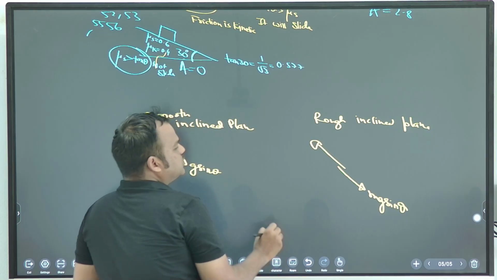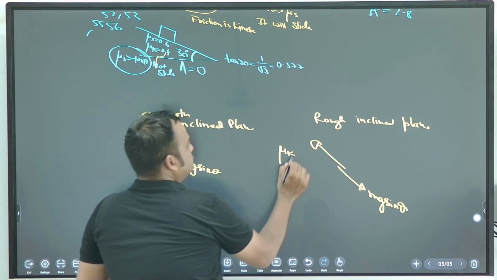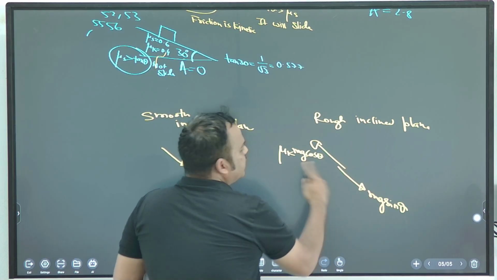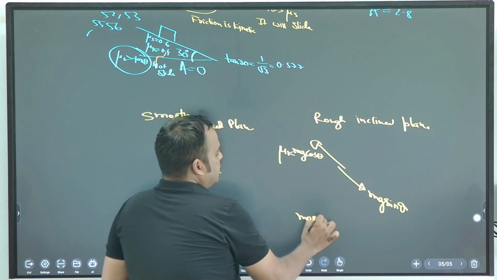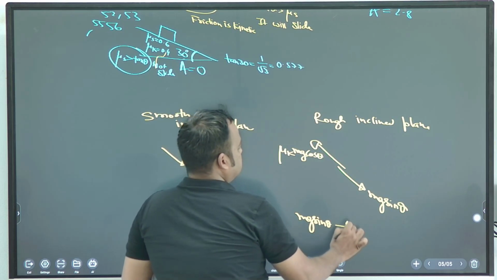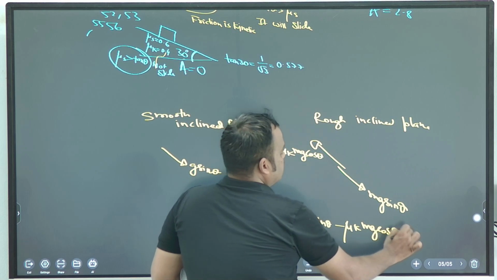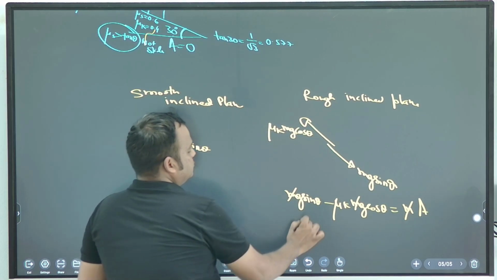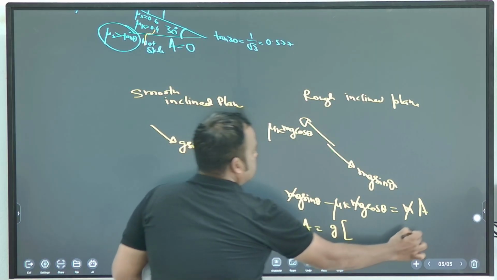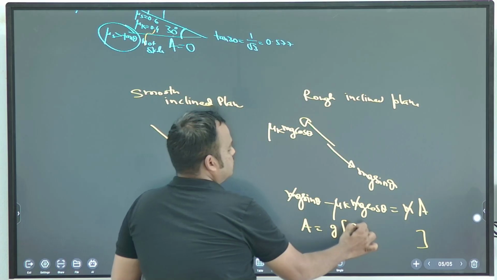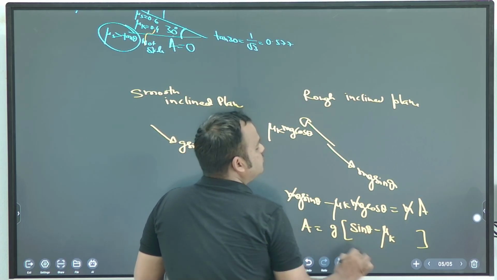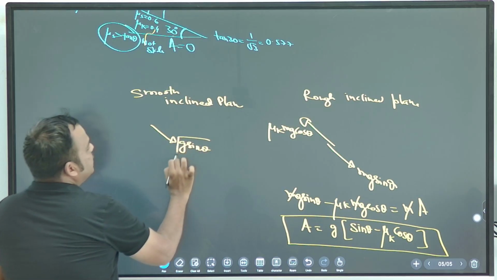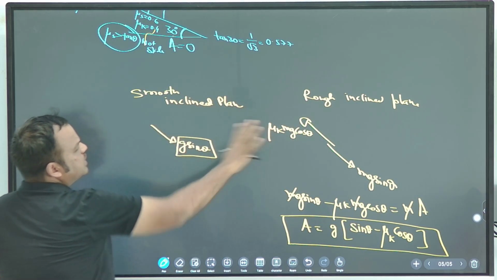Up the plane, what is the force? mu k N. Good. And N is how much? mg cos theta. How to find acceleration? mg sin theta minus mu k mg cos theta is equal to ma. So m cancels. What is the acceleration? g common: g(sin theta minus mu k cos theta). So this is the acceleration on a rough inclined plane, and this is the acceleration on a smooth inclined plane. Okay, just note down this only.